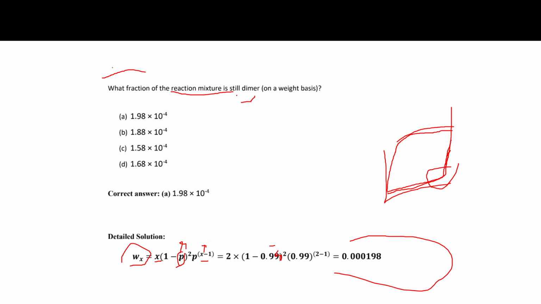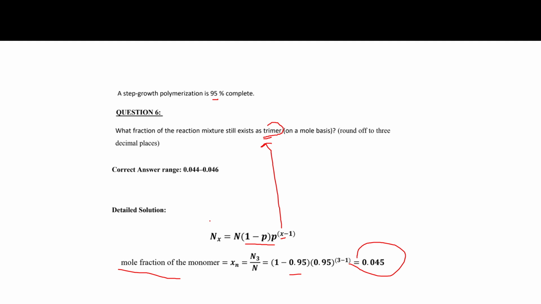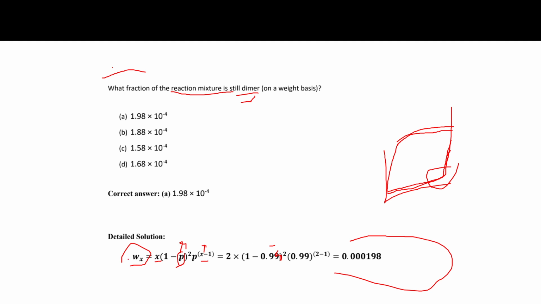If it is trimer, x will be 3, not 2. In any case, x is related to the mole basis, and capital N represents the mole fraction. But when you are talking about the weight fraction, then this equation will come.